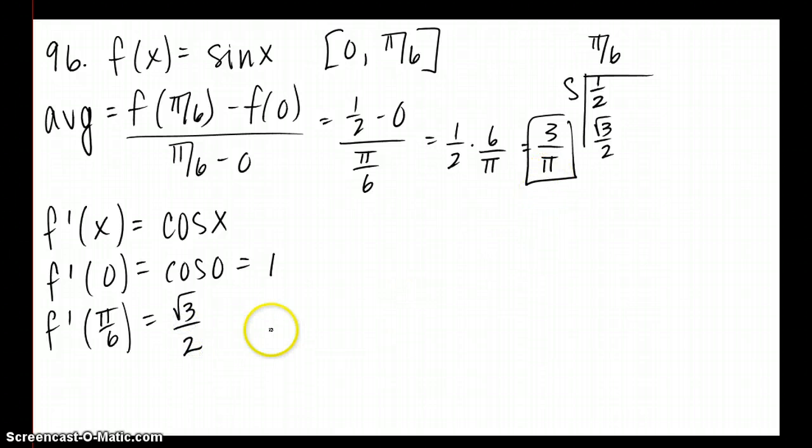So comparing these values, 3 divided by 3.14 would be a little bit less than 1. So again, 3 over pi will be a little bit smaller than the instantaneous rates of change at the endpoints.